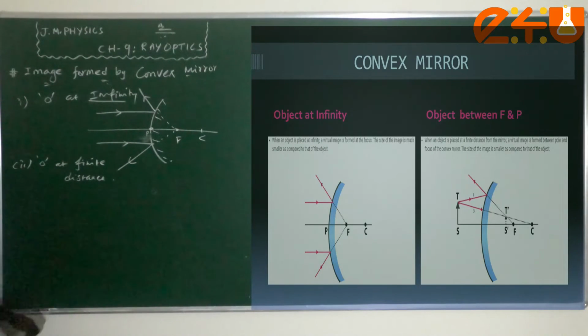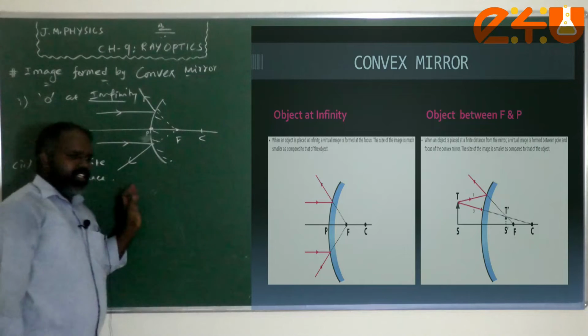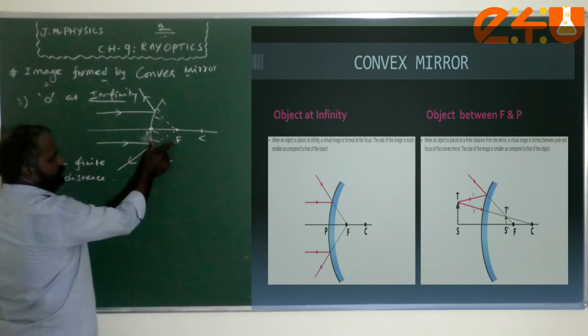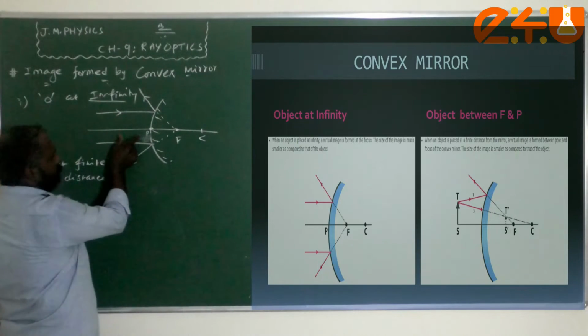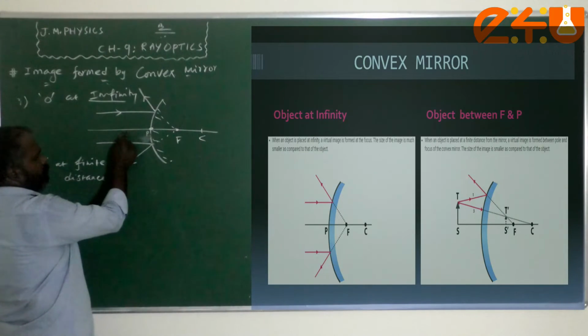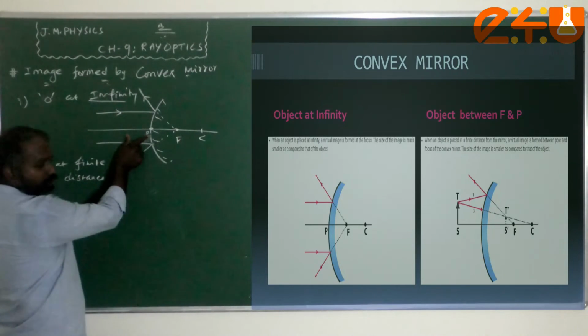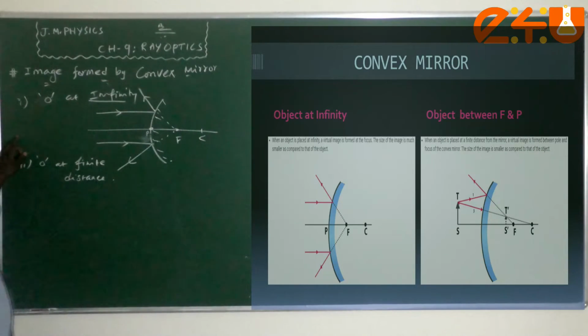Say for example, beyond C. You just see that these are the distances only. Say this is 10 centimeter, meaning before the principal axis it may be 10 centimeter, 20 centimeter, 30 centimeter, 40 centimeter, like that we can show.